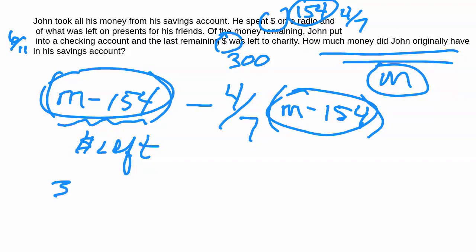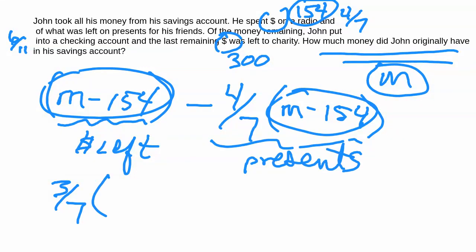Let me talk about this a different way. How much money does he have left after spending money on presents for his friends? The easier way to do this is, if he's spending 4/7 of it, then that leaves 3/7 that he still has. So 3/7 of the amount after buying the radio is the money that he still has.